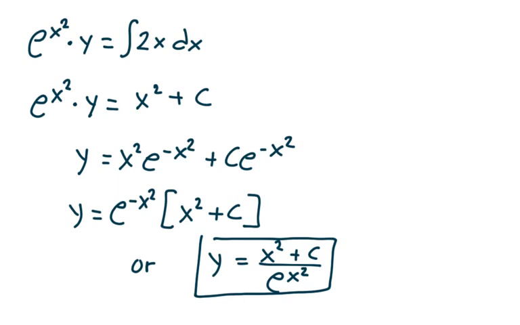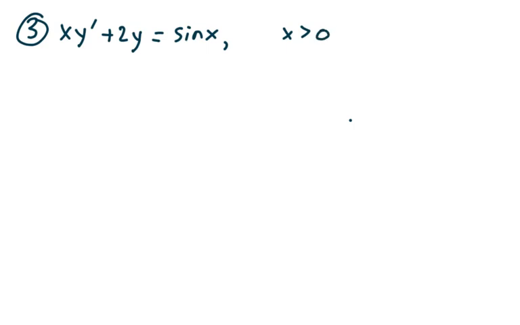All right, now I want to do a problem like this. So we'll call this example 3. Suppose we had xy prime plus 2y equals sine x. And notice that x is greater than 0. Okay? We can't have x be 0 or this doesn't make sense.